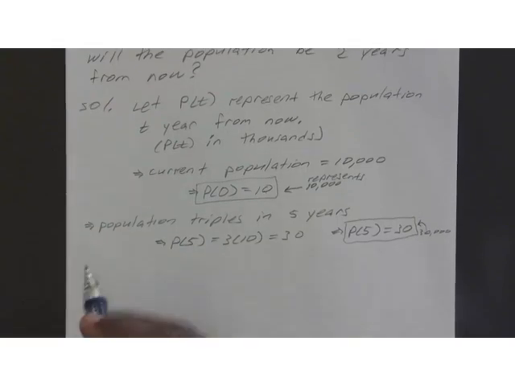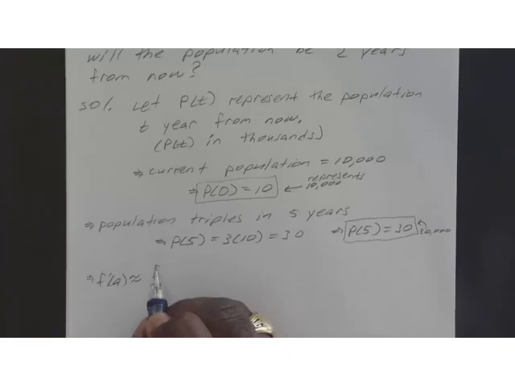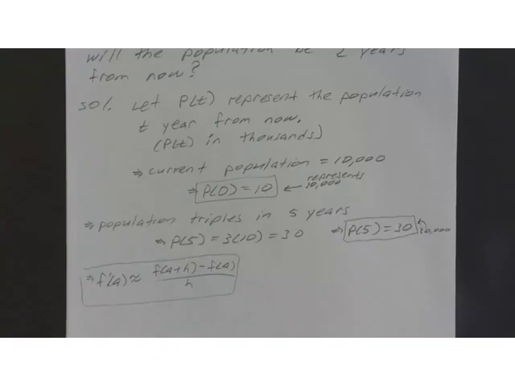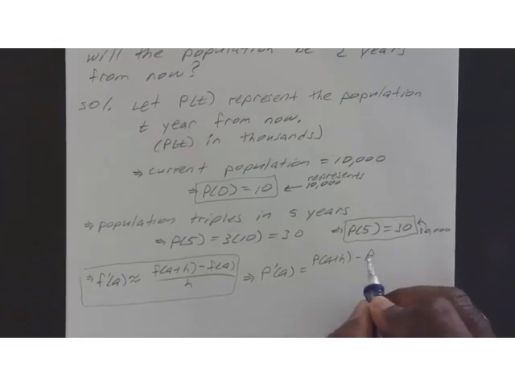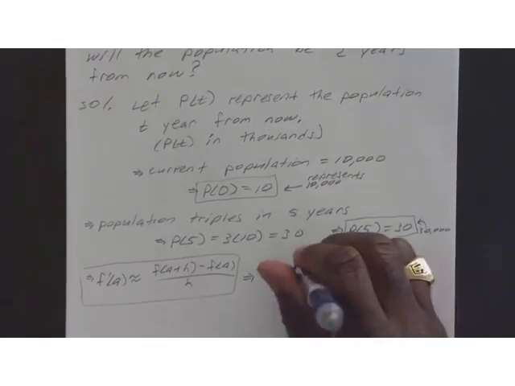If you notice, we have f prime of a is approximately equal to f of a plus h minus f of a all over h. Well, we can apply that here, because that's just our p prime of a is equal to p of a plus h minus p of a all over h. Oh, should be approximately equal to.